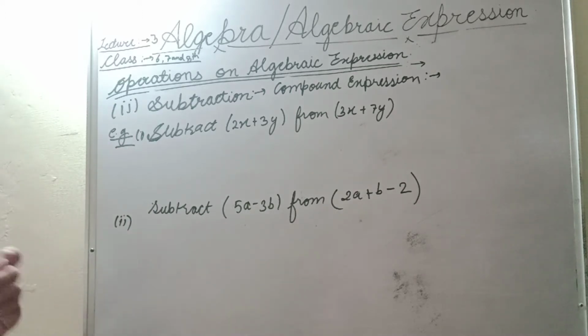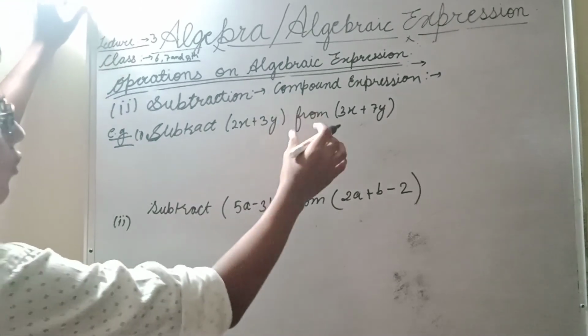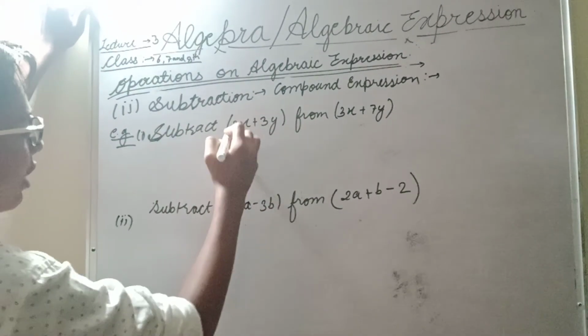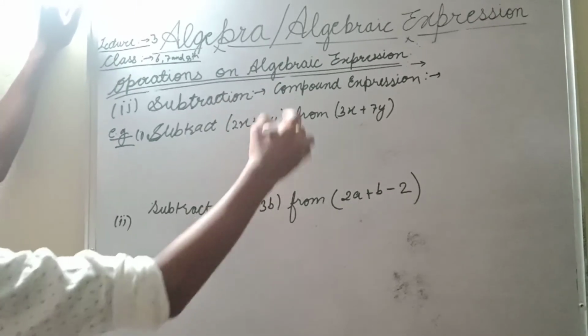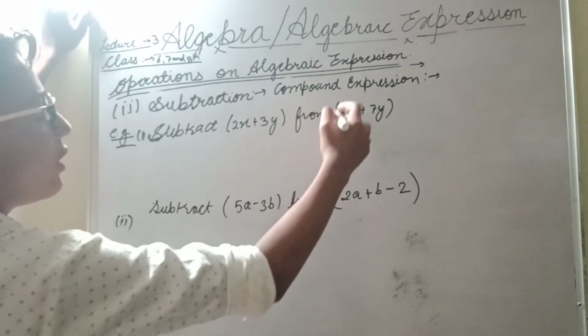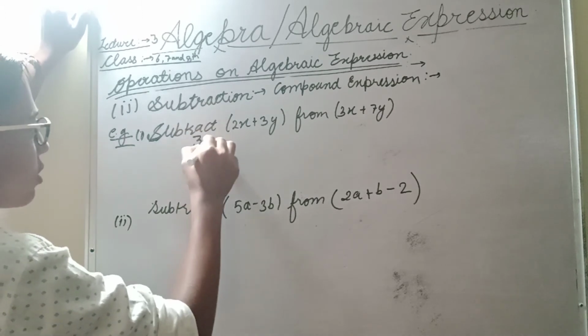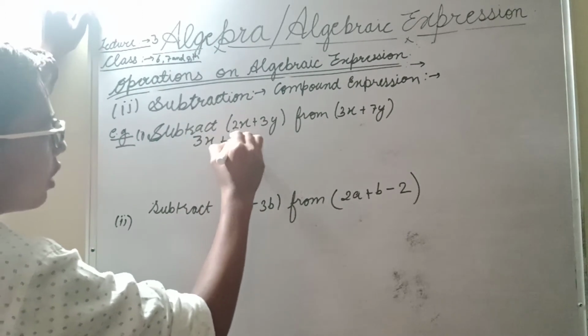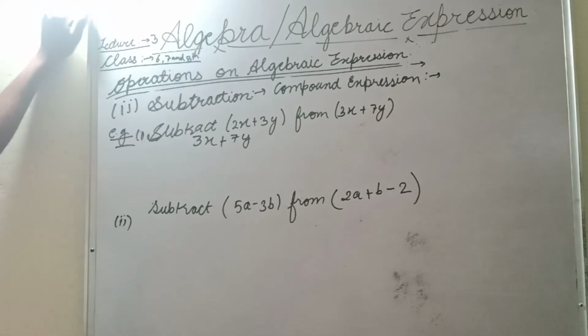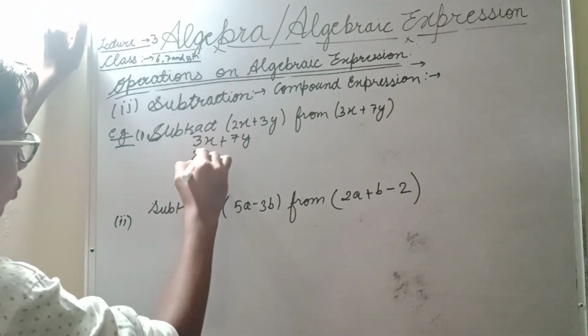We have to write first in the column: subtract (2x plus 3y) from (3x plus 7y). 3x plus 7y, and next 2x plus 3y.